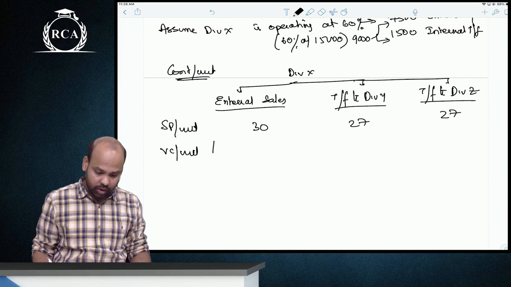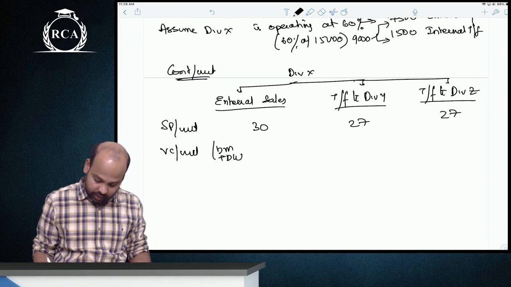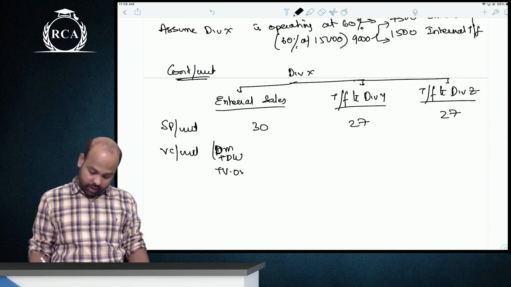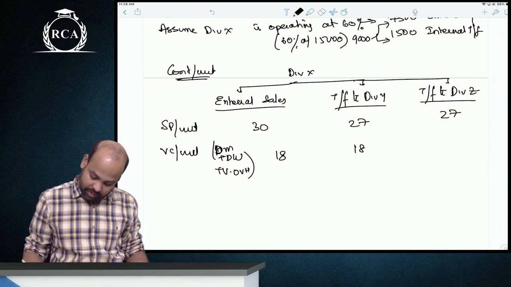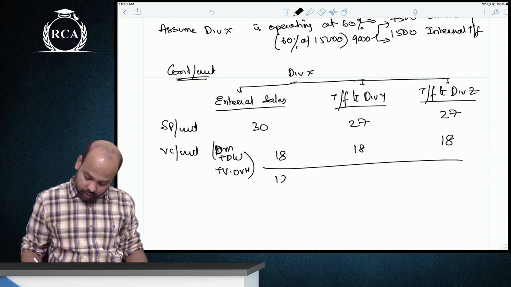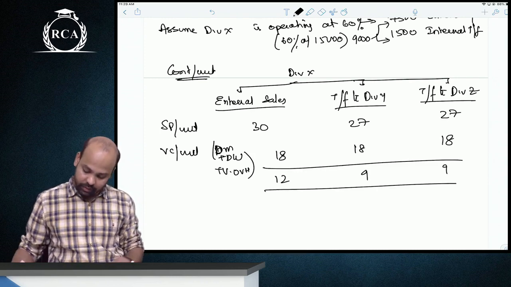Variable cost per unit is direct material, direct wages, and variable overhead. So this is 10, 6 and 2, which is 18 rupees. It doesn't matter to whom you are transferring. So contribution is 12 rupees, 9 rupees and 9 rupees.